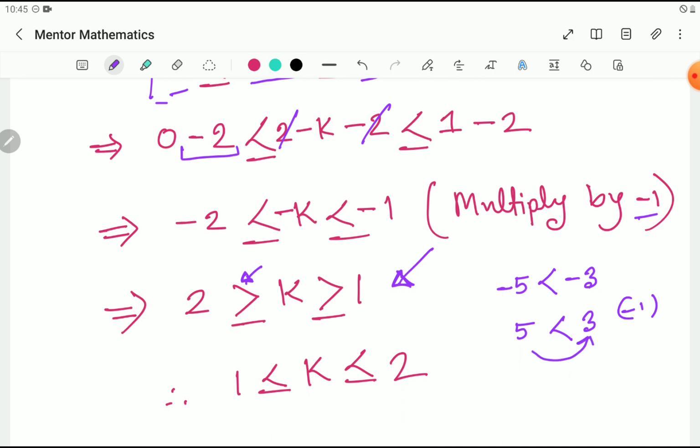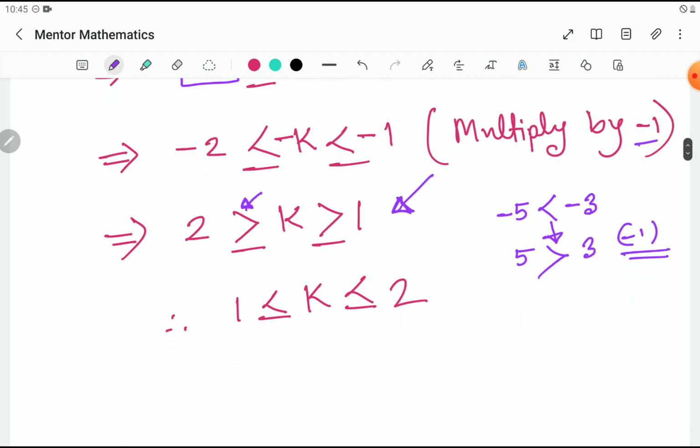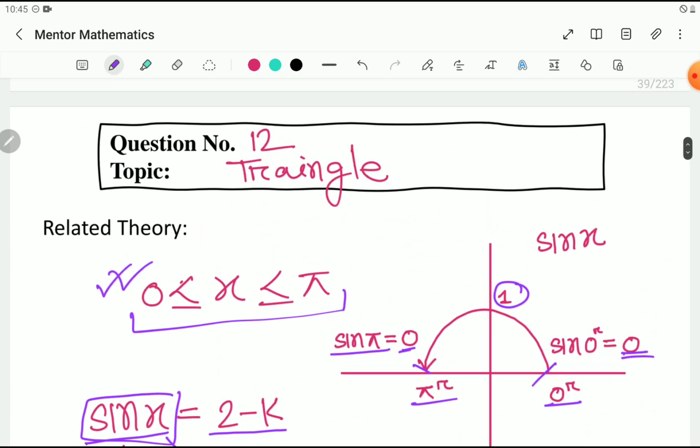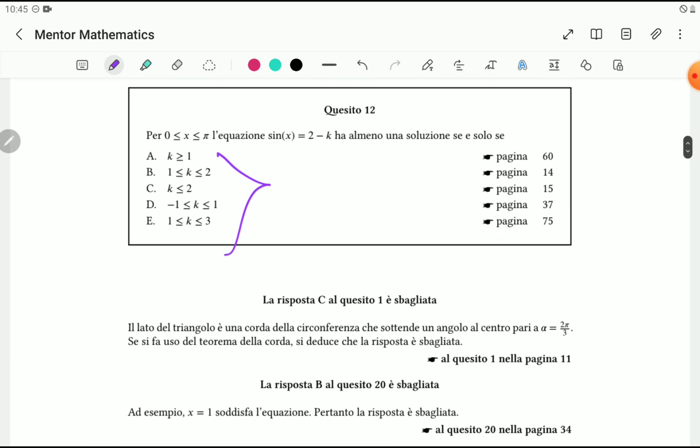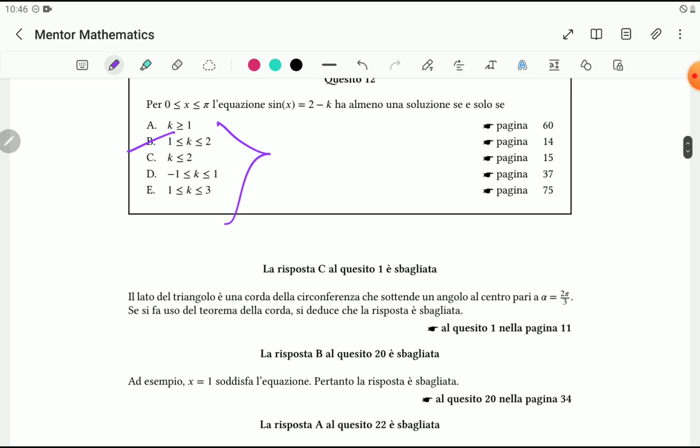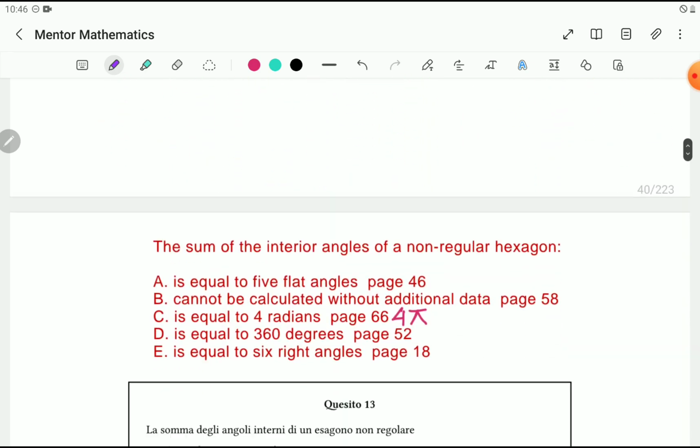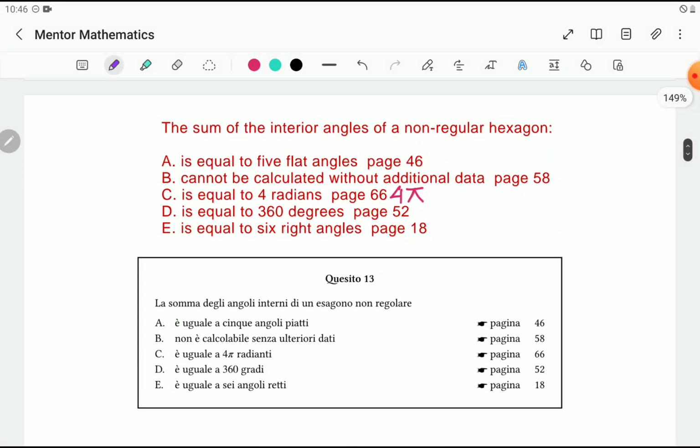No. So in inequality problems especially, whenever you multiply by negative sign, then you must alter the inequality. Okay, so we just rearrange it. This is the lower value and this is the highest value. So our answer is B. Okay, we'll go to the next problem.